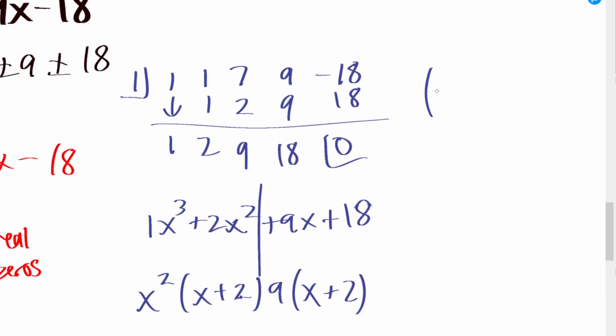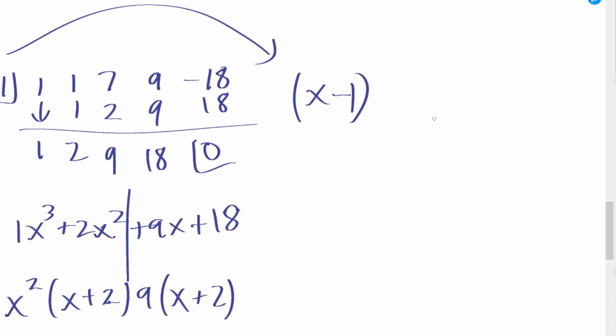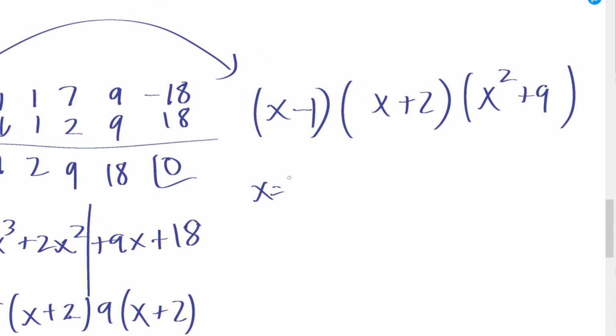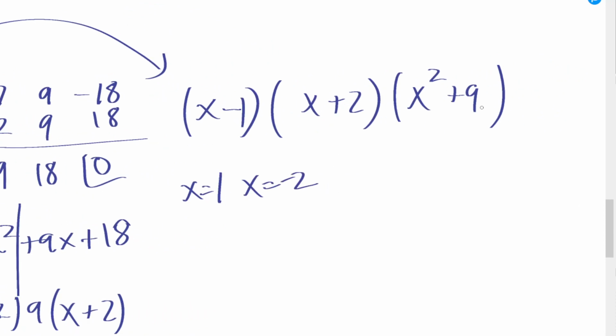So we know, and then let's take this zero and turn it into a factor, so we'll have x minus 1, because it's basically x minus our zero, and then let's put the x plus 2 here, and the x squared plus 9. So I know that I have x equals positive 1, x equals negative 2, and I know this is going to be imaginary because it's a plus 9.